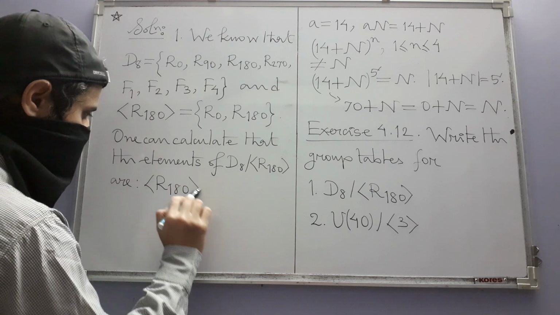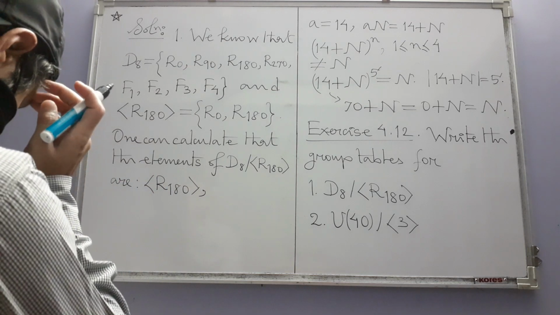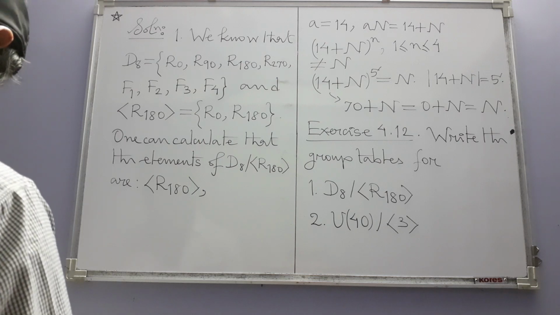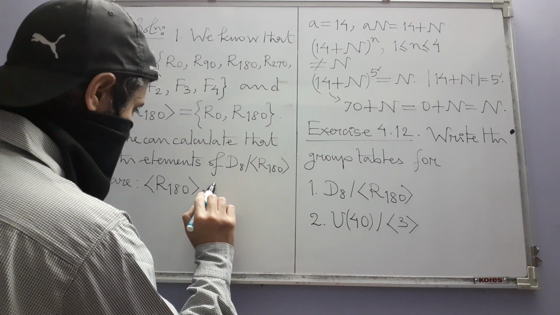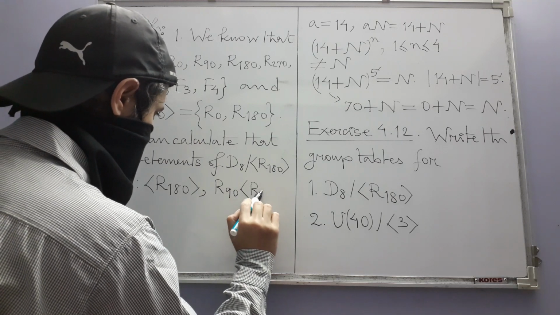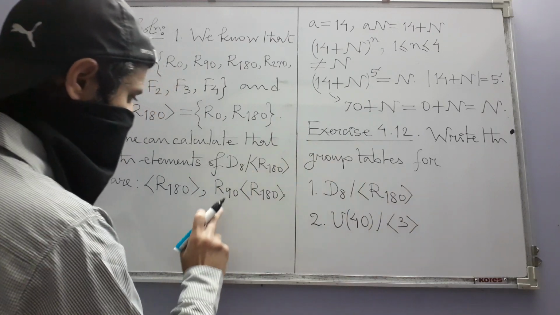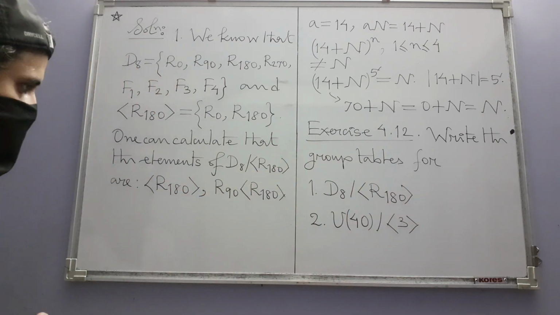Then here are the others. R90, R180. So this is the coset of this subgroup by the element R90.